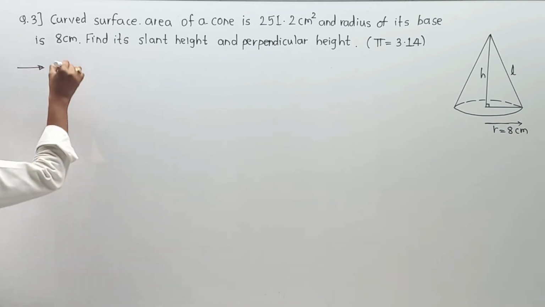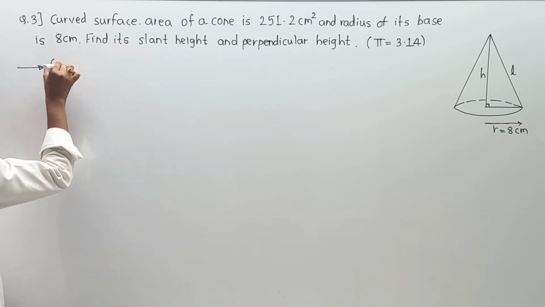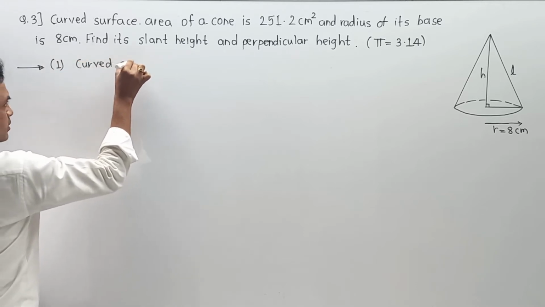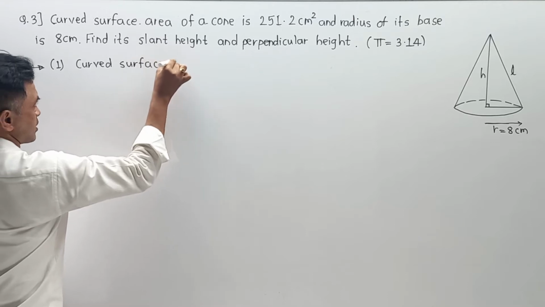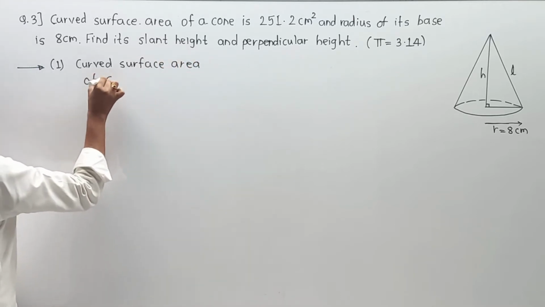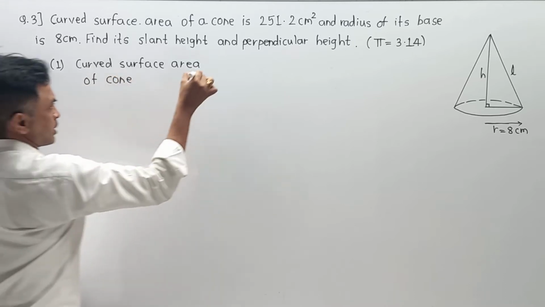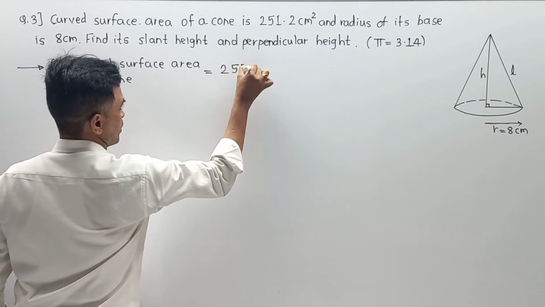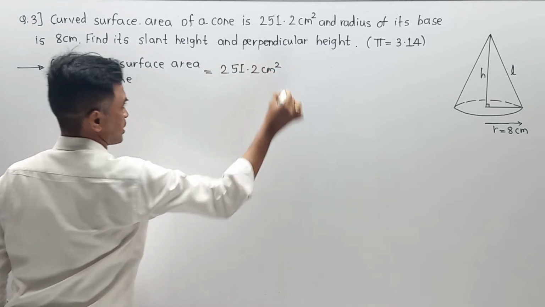So curved surface area of a cone. This value is over here, 251.2 square centimeter.